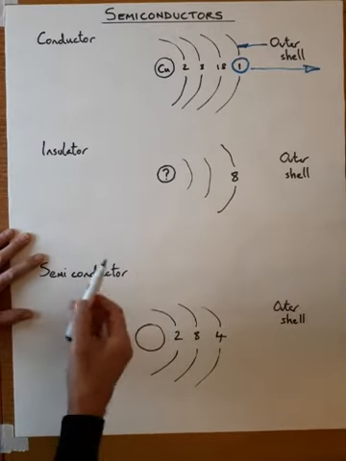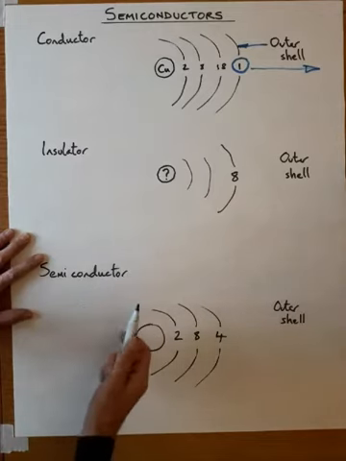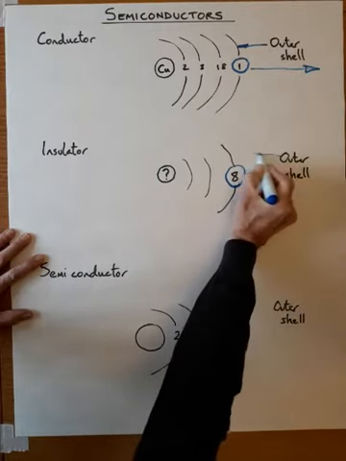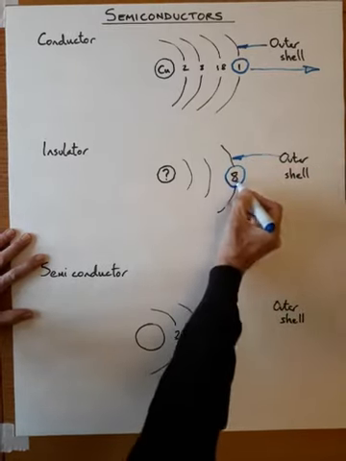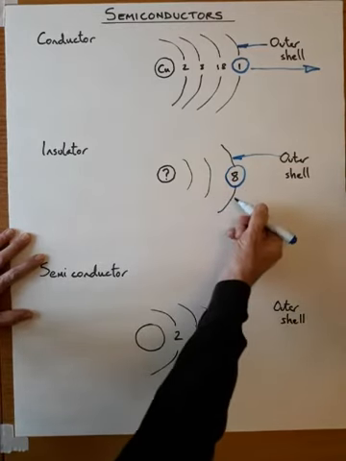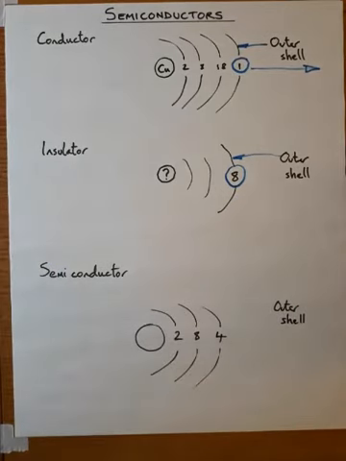These are compounds which basically produce excellent insulating properties. But here the outer shell electrons are 8, the outer ring is complete, and that makes it an insulator, difficult to break down.